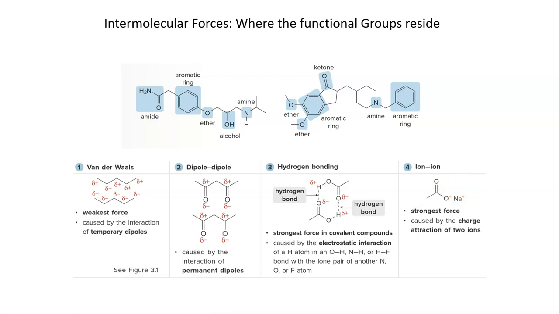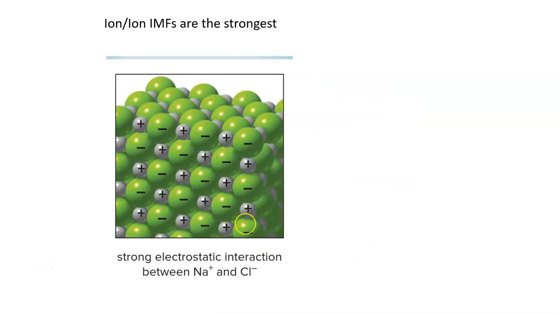So sodium chloride is a good example of strong electrostatic interactions or ion-ion interactions. They aren't sharing electrons, but they can be associated with each other very closely because they have full positive and negative charges.